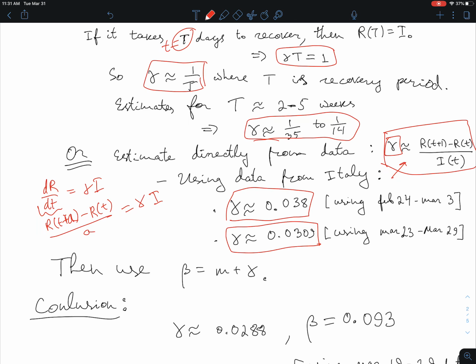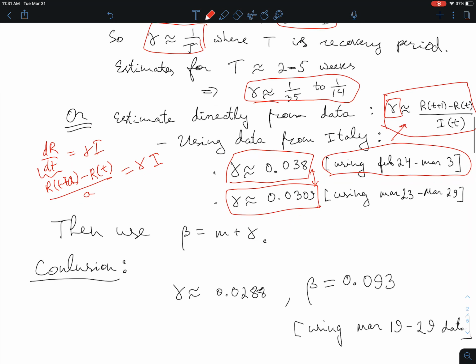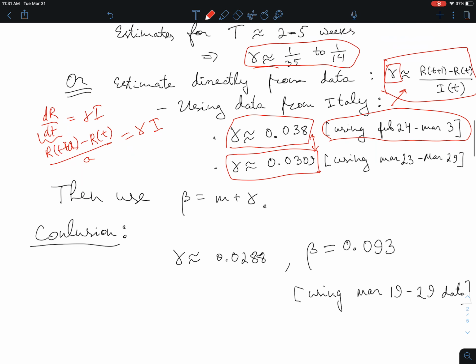Depending on which period we use, at the beginning of infection the gamma seems to be 0.038, and a little bit later it's 0.031. So slightly lower, taking longer to recover, but nonetheless relatively consistent.